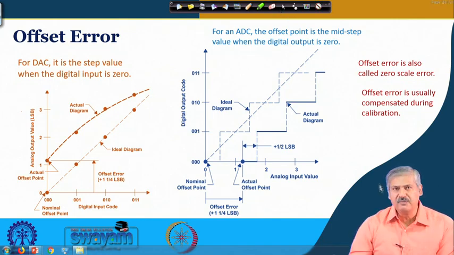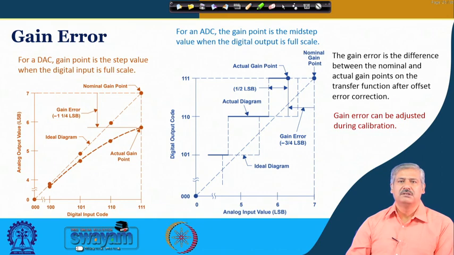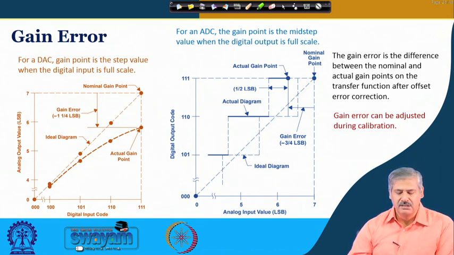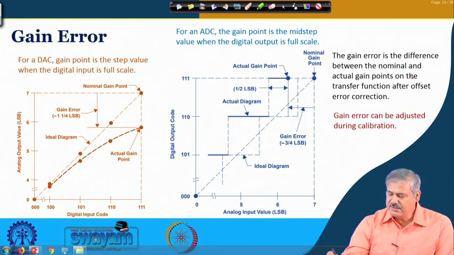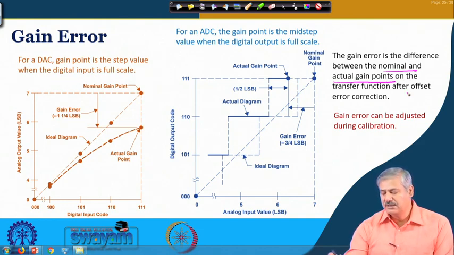Now next what we see is called gain error. The gain error is the difference between the nominal and actual gain points on the transfer function after offset error correction.